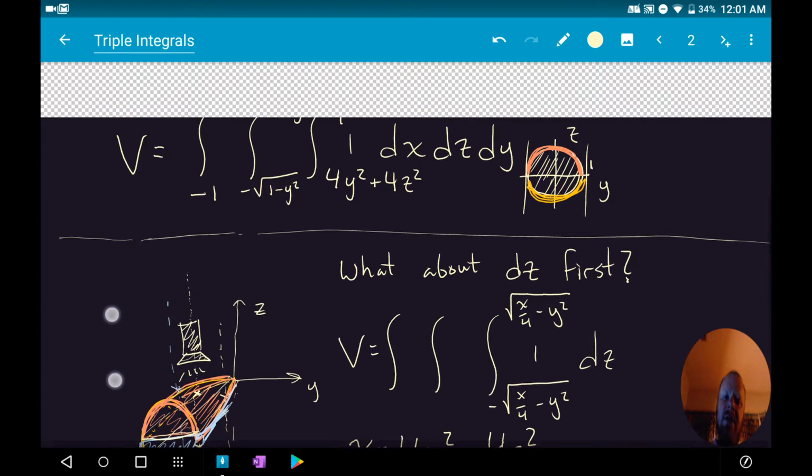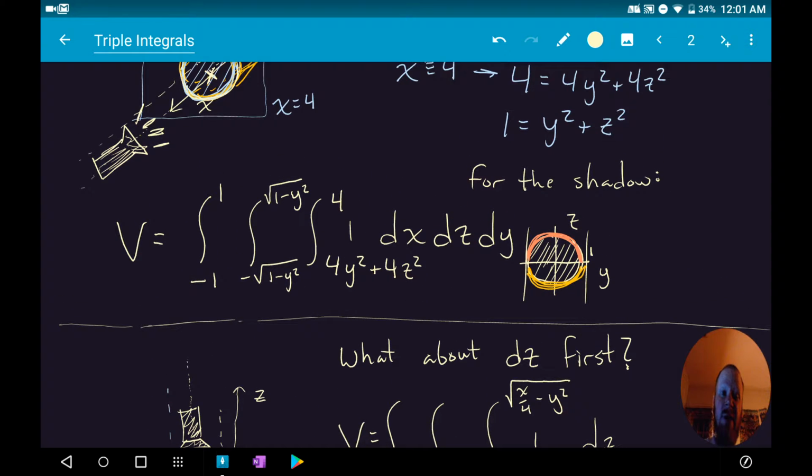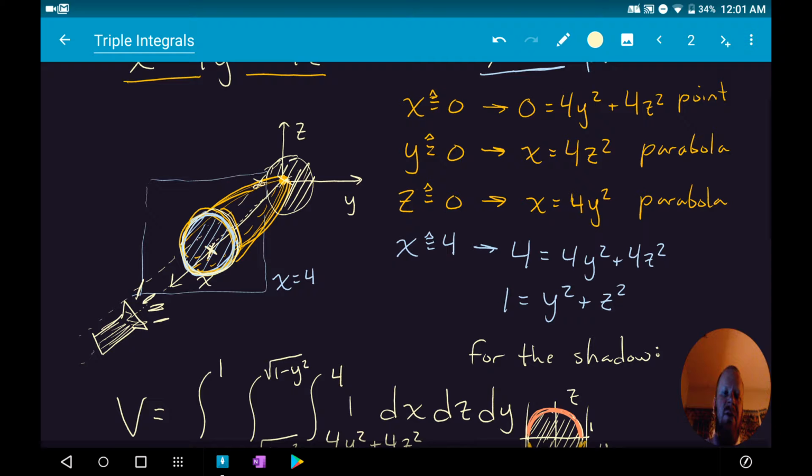Before I get into the actual computation of that, I just want to show you we really did the same thing here. The shadow happened when x was our first integral. This shadow happened when x was equal to 4. So if we set x equal to 4, we could get that same shadow.